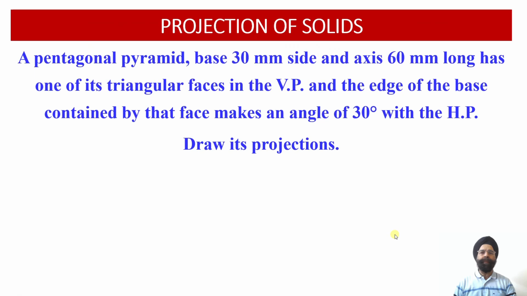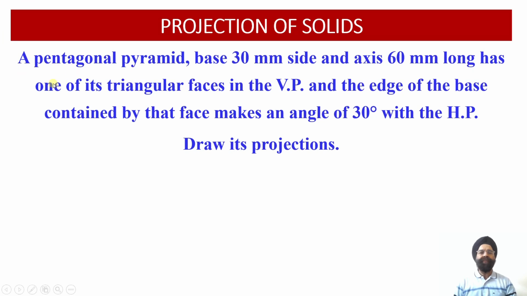So here we have been provided with an oblique pentagonal pyramid having edge of the base equal to 30 millimeter and axis height given as 60 millimeter. Now this oblique pentagonal pyramid happens to be inclined with respect to the vertical plane as well as the horizontal plane.